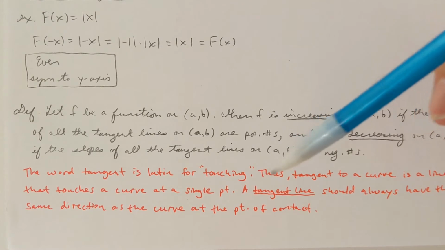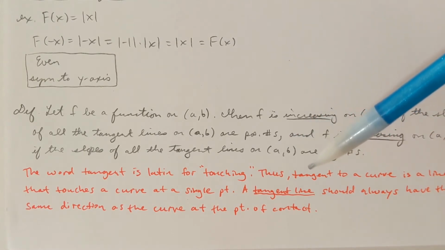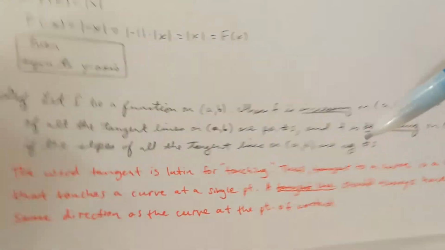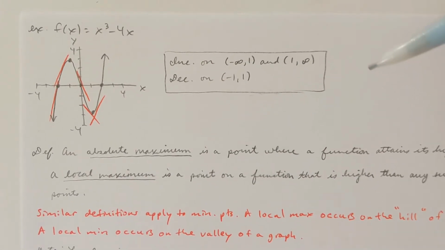I'm going to mix in that definition a little bit in the next example, because the next example is a situation where you'd want to be using tangent lines, and it's important at this point to know the calculus definition of the term tangent lines.